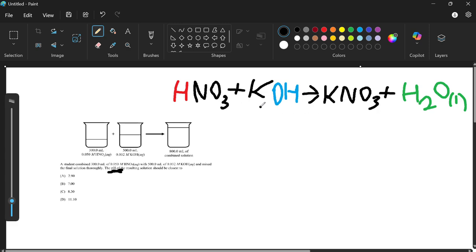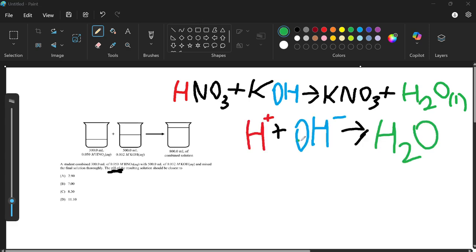And as a quick note, because it's strong acid and strong base, they fully ionize, and so you can actually write the net ionic equation, that being this. Because strong stuff can fully ionize, you can just write the main parts of them, that being the H plus and the OH minus, and the main thing is it creates water.